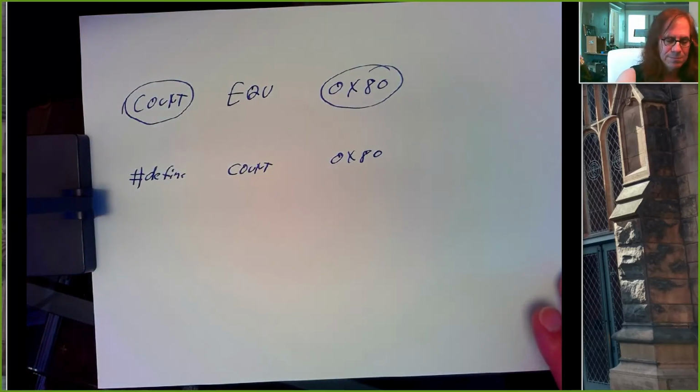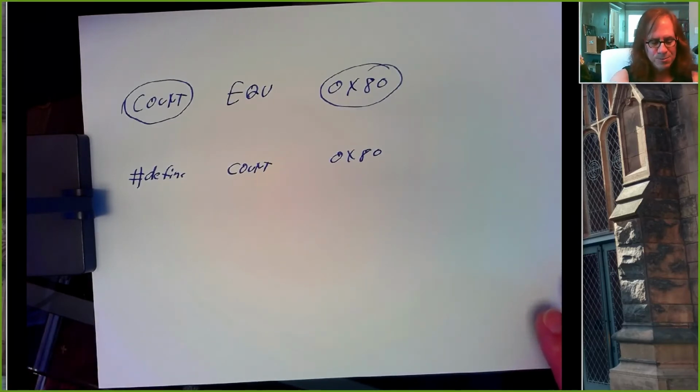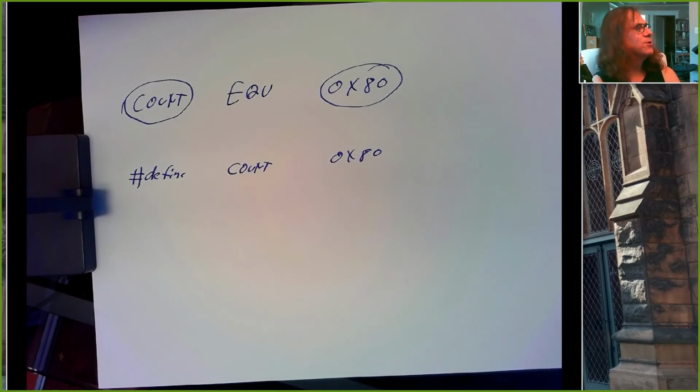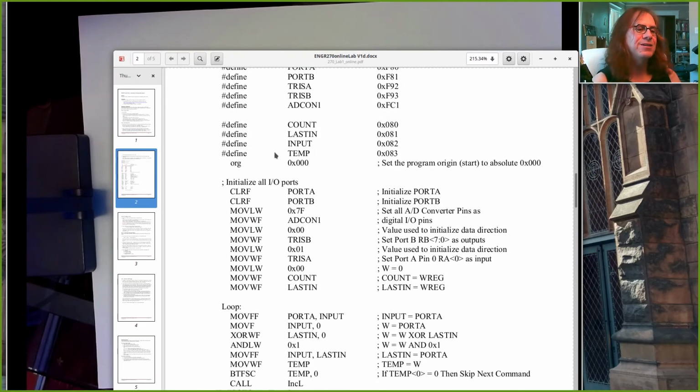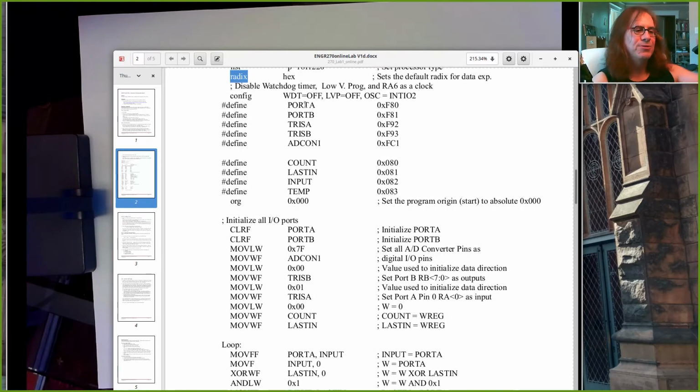So is define like an assignment statement? Define is what we would call a preprocessor statement. So before anything gets done, something runs through all this code, and anytime it finds port A, it replaces it with this. And anytime it finds port B, it replaces it with that. And so this becomes 0xF80, this becomes 0xF81.